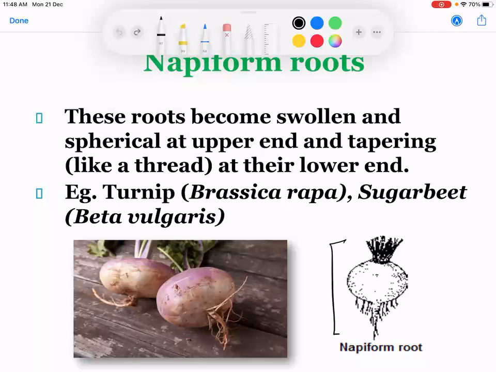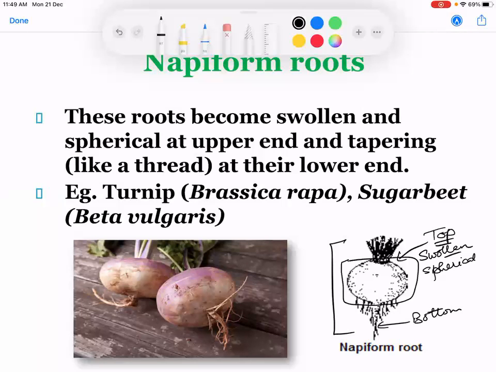If you see in this diagram, which is of turnip, the top region is becoming swollen and becoming spherical. Usually, the thickening part makes a sphere. And if you see the bottom, it is highly tapered like a thread.